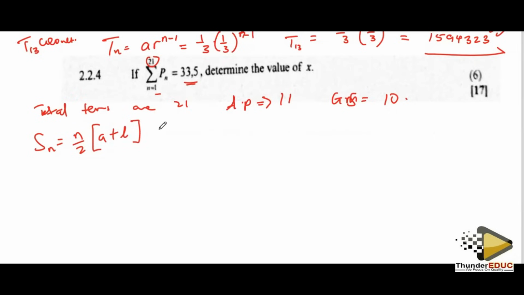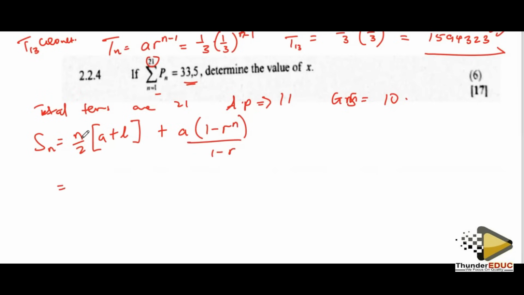Okay. Then I'm going to add the geometric one. You know that the geometric one is given as a into 1 minus r to the exponent of n over 1 minus r. So this is the combined.